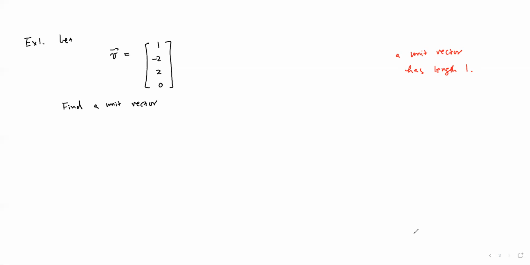Find a unit vector in two parts. Part 1, in the same direction as vector V, since a vector has a direction.